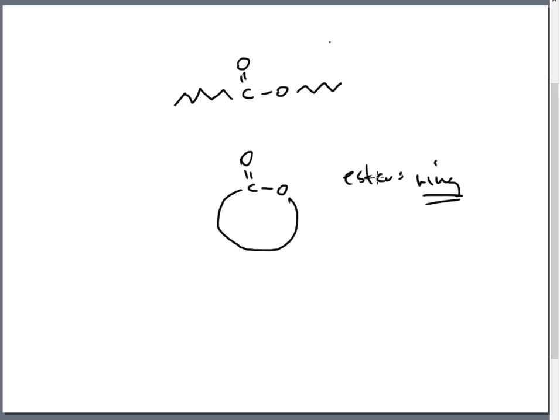It is ester related, but it's a different type of functional group. And this functional group is called a lactone. Lactone, lactone. So the "one" ending is slightly coming from ketone. And ketone is a C double bond O.